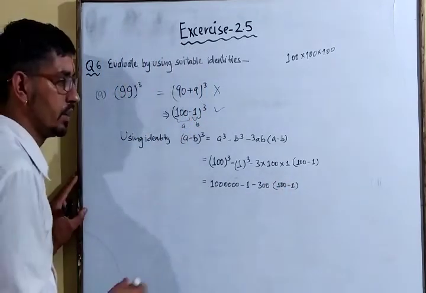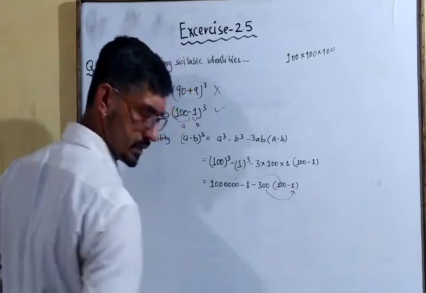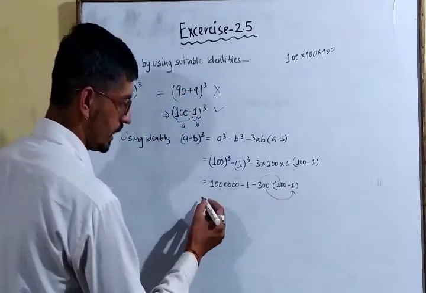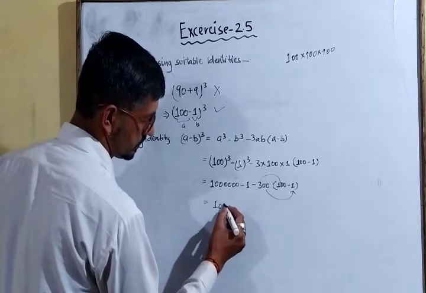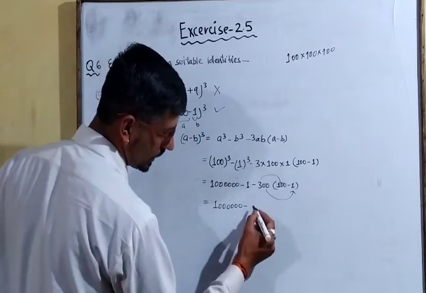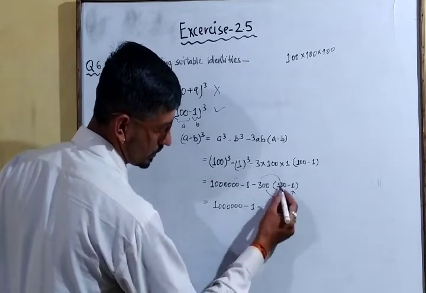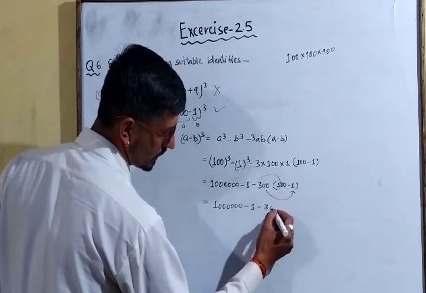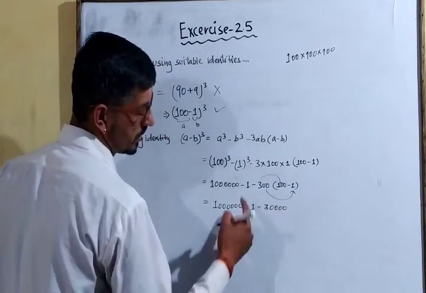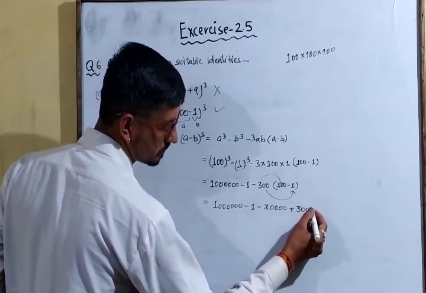Okay, now use distributive property. First multiply this and then multiply this. Okay, now minus 300 into 100 minus 1, minus 300 into 100 is minus 30000, and this minus will become plus 300.